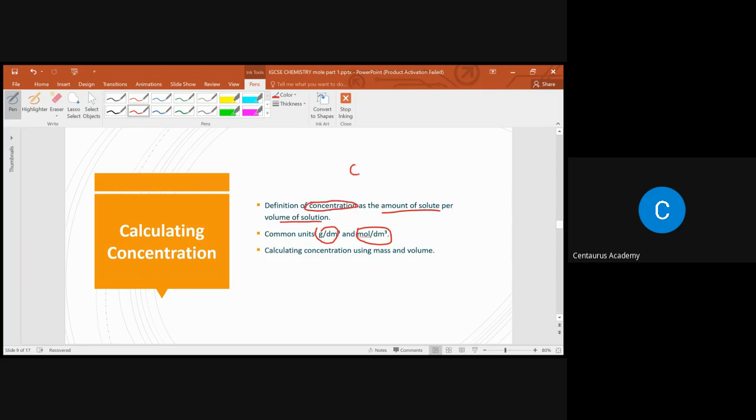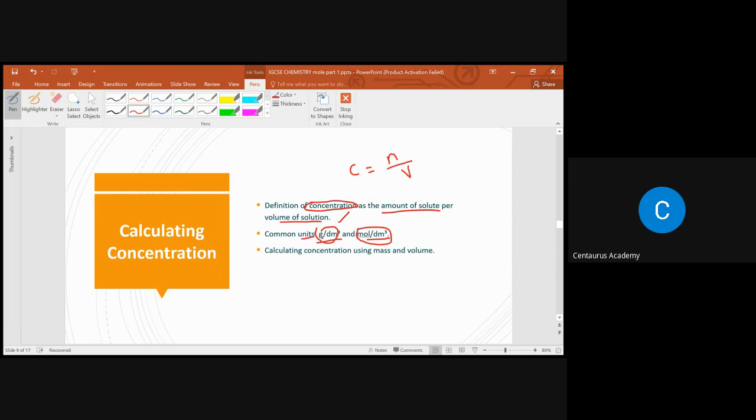So basically, C is equal to mass upon volume, and your volume could be in decimeter cube or in centimeter cube. However, the standard units of concentration are grams per decimeter cube and moles per decimeter cube. So it is basically n upon V. Even if you look at the units given to you, you can simply derive your own formula.